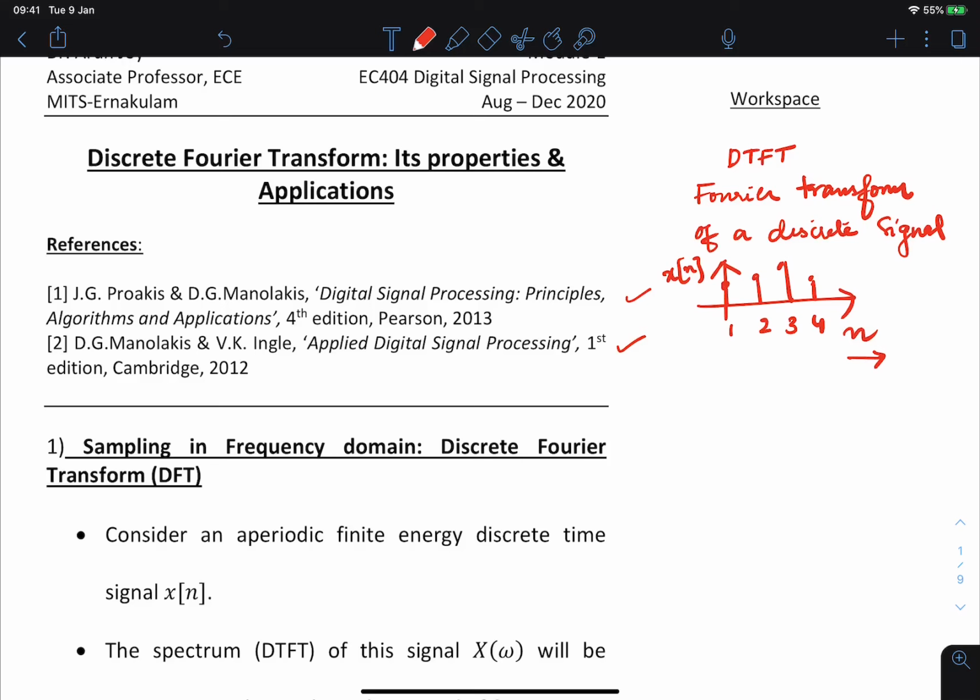So n is always an integer value, it takes only integer values. That is something you need to understand: n is not the time but the sample number in the case of a discrete signal.